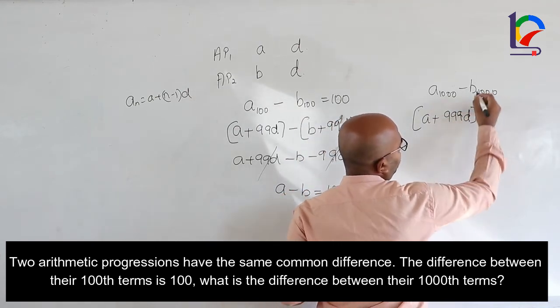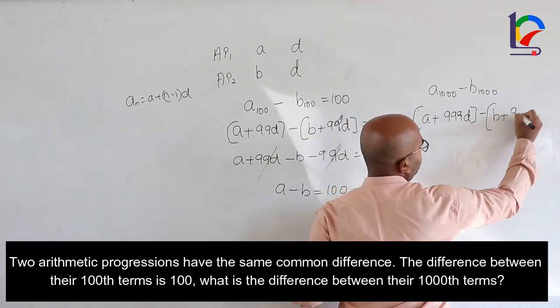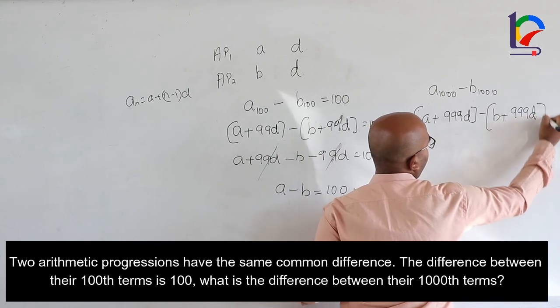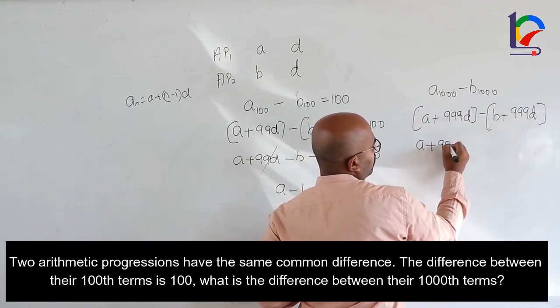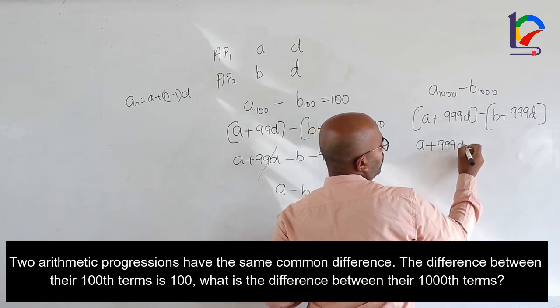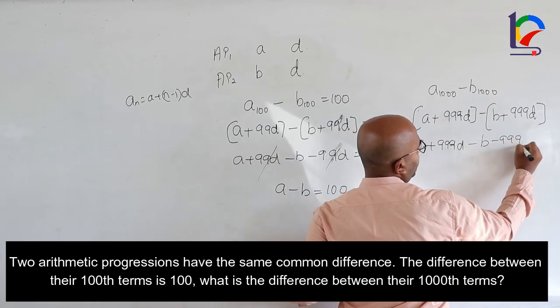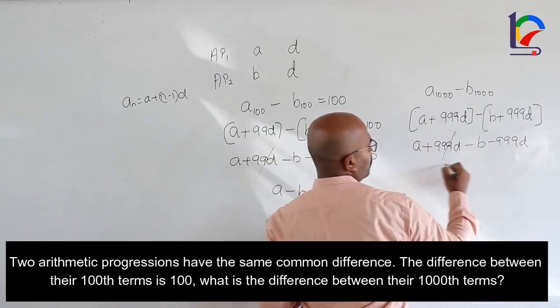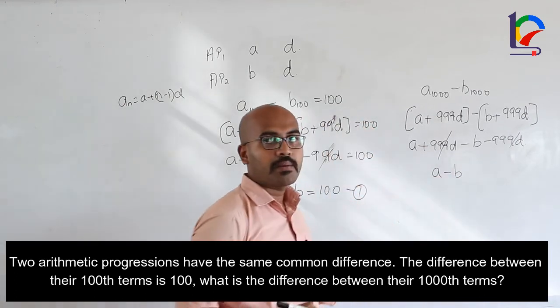Minus the first term b plus 1000 minus 1, that is 999d. So, a plus 999d minus b minus 999d. Both get cancelled, so I am left with a minus b.